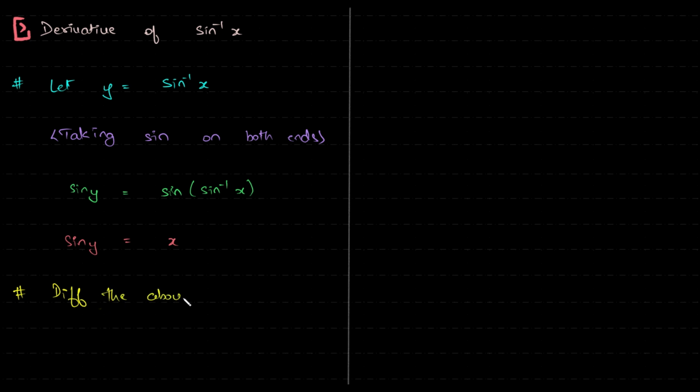So differentiate sine as cos, whatever the variable is. And using our chain rule, we'll end up with dy by dx.